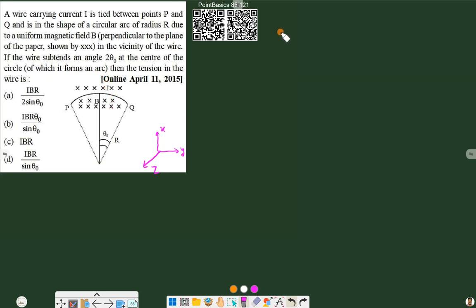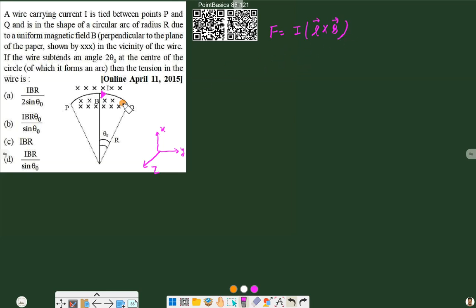We know the force on a current carrying conductor, and here the direction of the current is not given. So let's assume that the current is in clockwise direction. So force is equal to I L cross B.